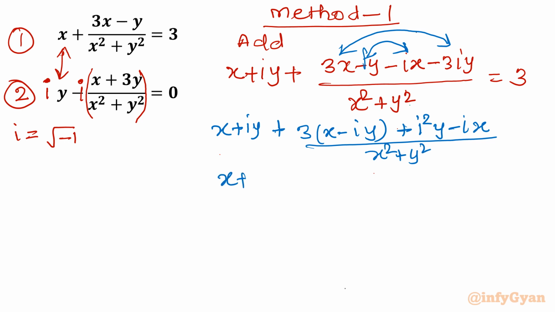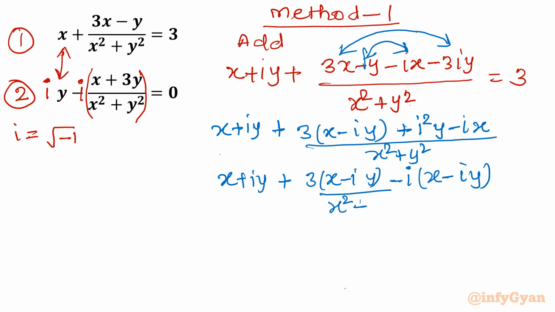So this term would be as it is, no need to write, 3 times x minus iy as it is, and now I will take minus i common. So in bracket I will be having x minus iy. This is the trigger point or trick basically. x square plus y square, here also x square plus y square equal to 3.